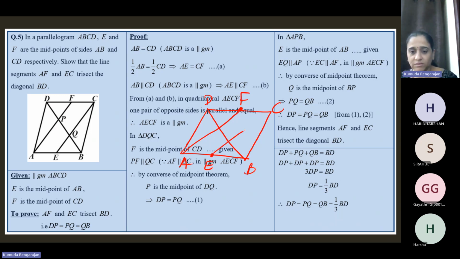You can see this EC also goes over the diagonal BD, cutting BD. You need to prove that these two line segments cut the diagonal BD into 3 equal pieces. Show that the line segments AF and EC trisect the diagonal BD.